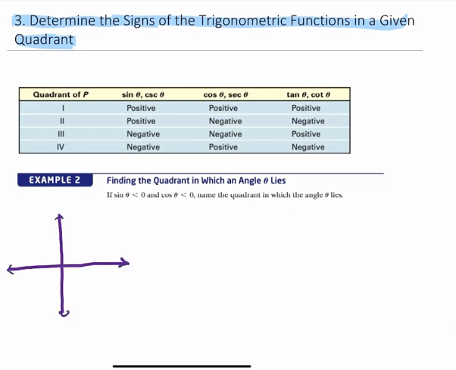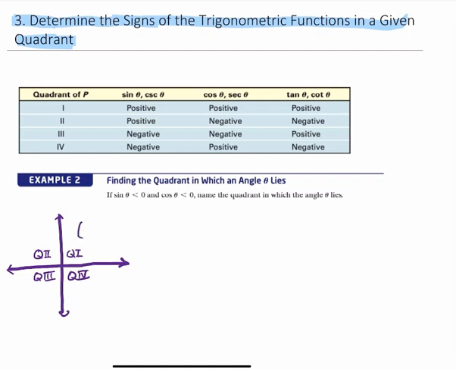And remember, it starts with quadrant 1 and then goes counterclockwise. So this would be quadrant 2, this would be quadrant 3, and this would be quadrant 4. So imagine if I was plotting a point in each of these quadrants, what would, in terms of the x and y part, what would be positive and what would be negative?